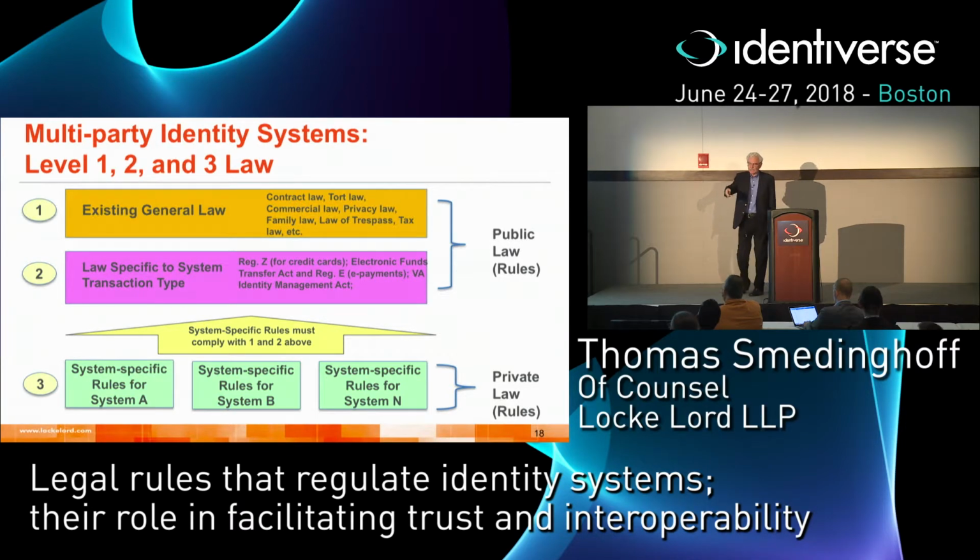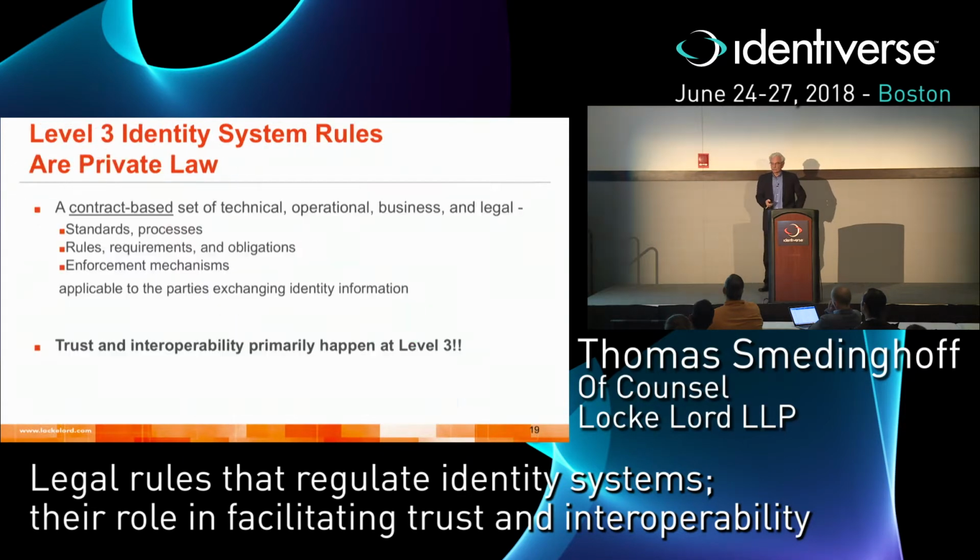So at the end of the day, this is the structure of the legal model applicable to identity systems. You've got general law at level 1, system type specific law at level 2, both of those enacted by governments. And then at level 3, you have individual sets of system rules for each particular identity system, typically enforced by contract, but designed to address the specific issue of the particular identity system.